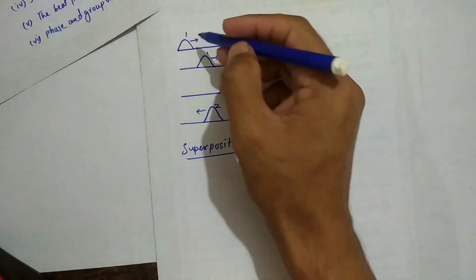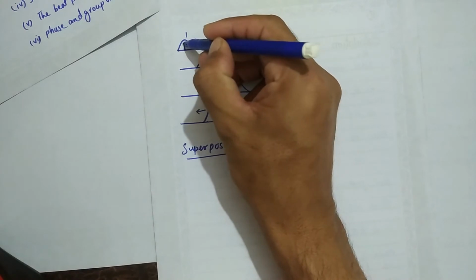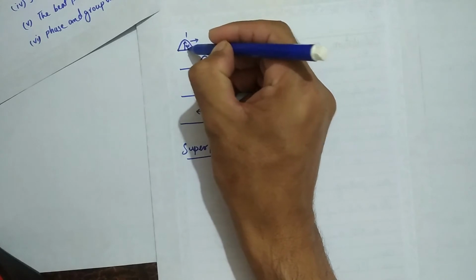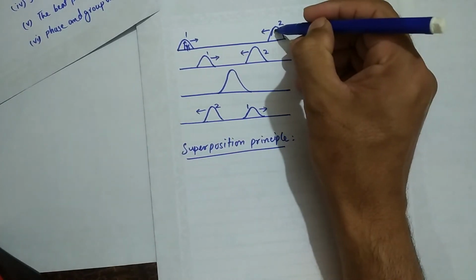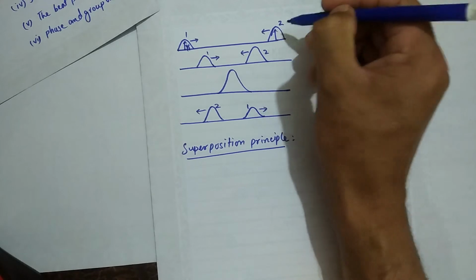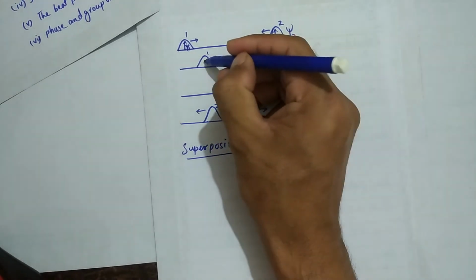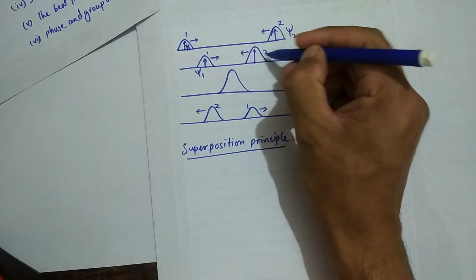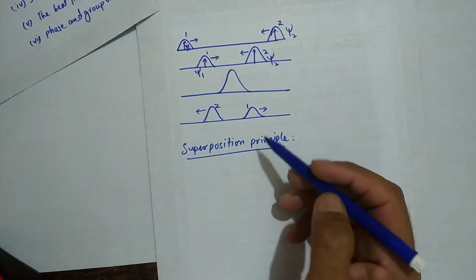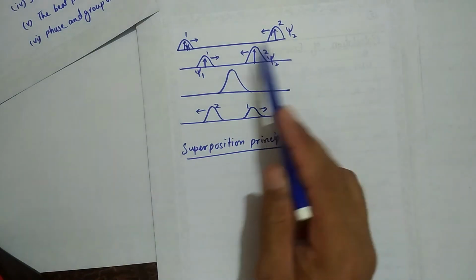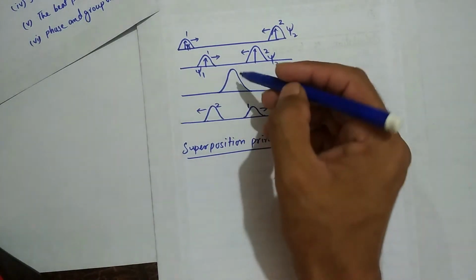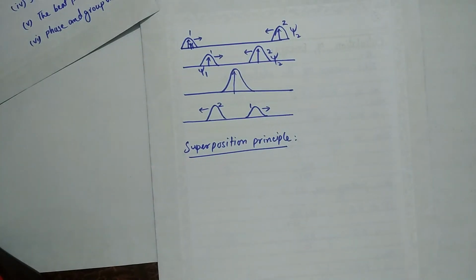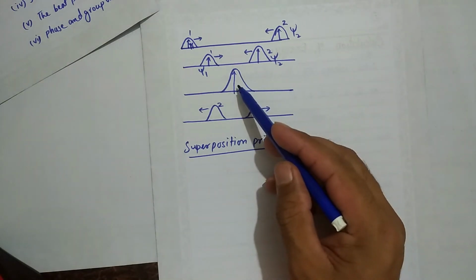For example, if the displacement of this pulse from the equilibrium point is psi 1 and the displacement of this one is psi 2, similarly this one is psi 1 and this one is psi 2, or you can say the amplitude of the pulses. So we are going to know what will be the net displacement here at the superposition point.